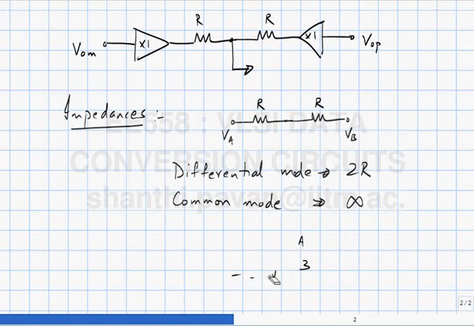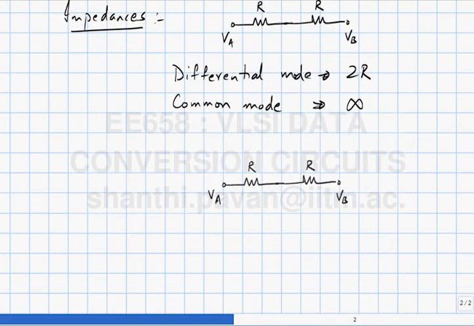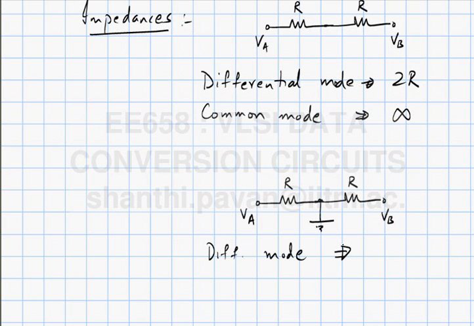So, let me ask you another question. What is the differential mode impedance between A and B? The same thing as before. Alright, so what is the common mode impedance? R by 2.